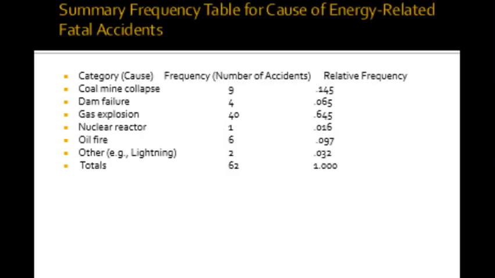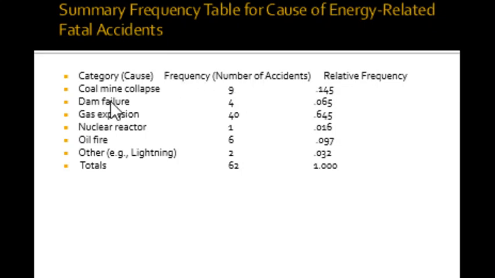Here's an example. Let's say if you look at this table, it's a summary frequency table for causes of energy related fatal accidents, and there are 3 columns here. The first column is the category or the cause of the accident. We have coal mine collapse, dam failure, and so on and so forth. The second column is the frequency or the number of accidents in each category.